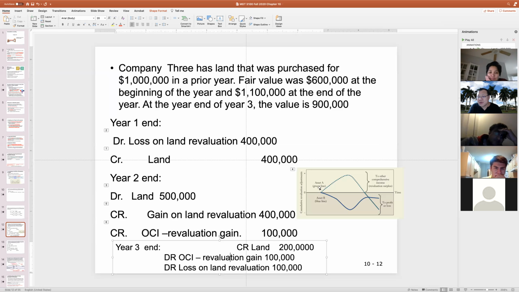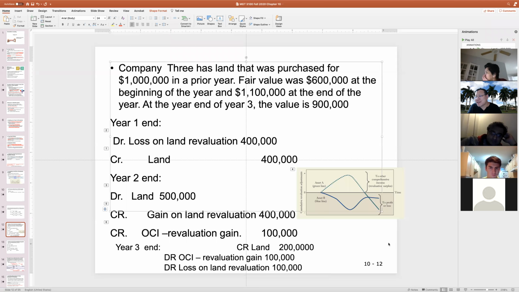You start recognizing the loss after this curve crosses this line. That means it resets itself. Because this is cumulative, at this point the cumulative gain is 0. There's no gain.